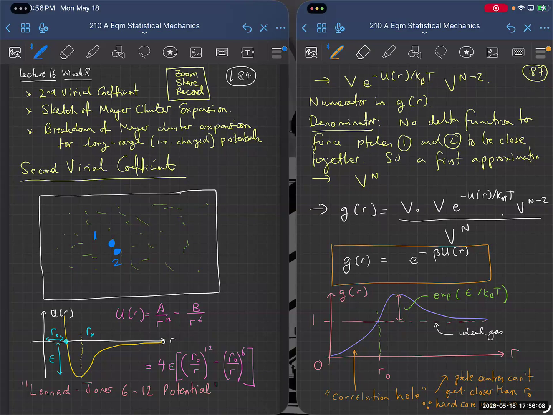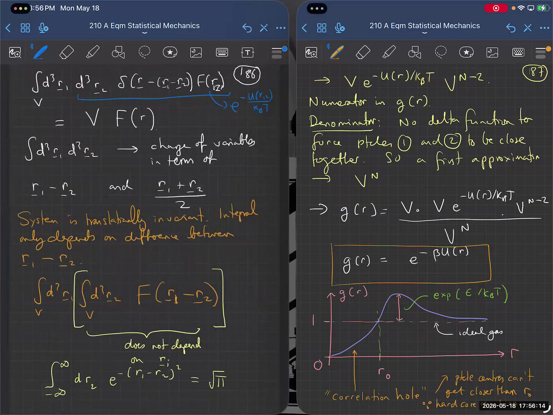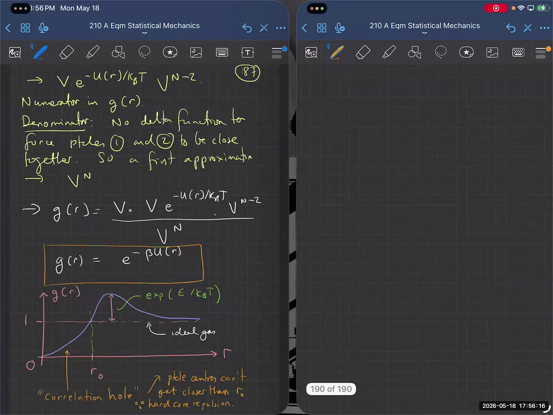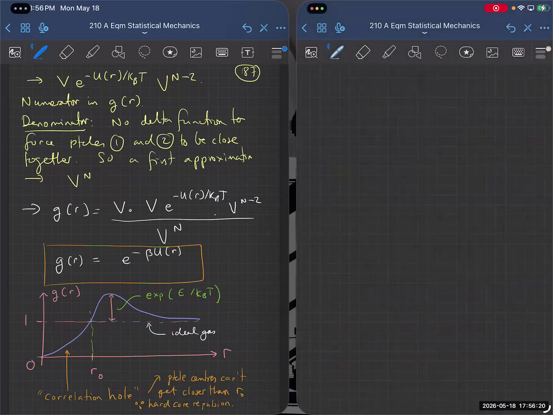So, what's going to happen if I've got two particles? Where are they going to be? If they are correlated, they're most likely to be next to each other, roughly close together.